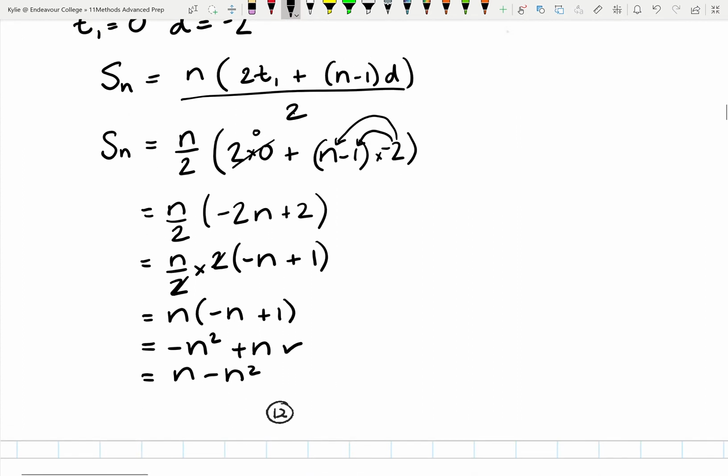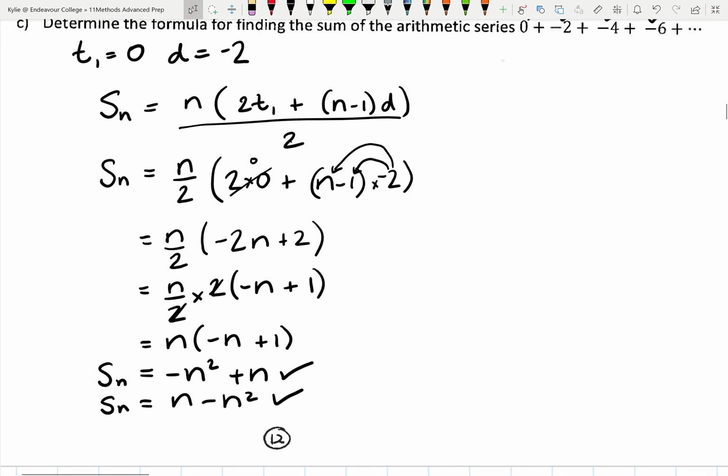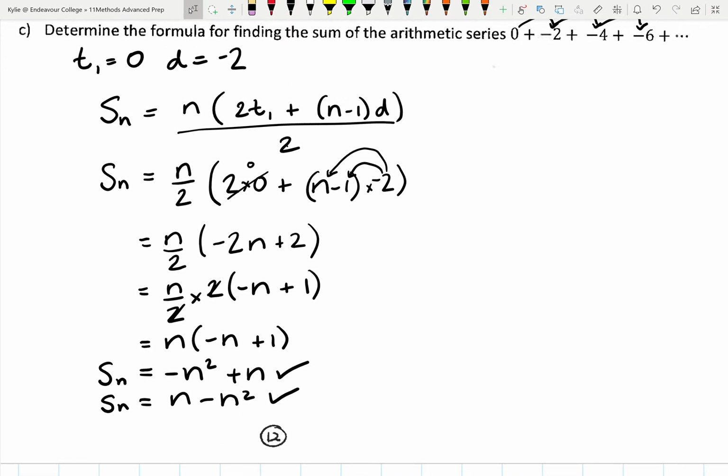Either of those last two are fine. If we're going to find the sum of this series, whatever term we want to find it to, that's what we substitute in. For example, S10 would be 10 minus 10 squared. 10 minus 100 is minus 90.